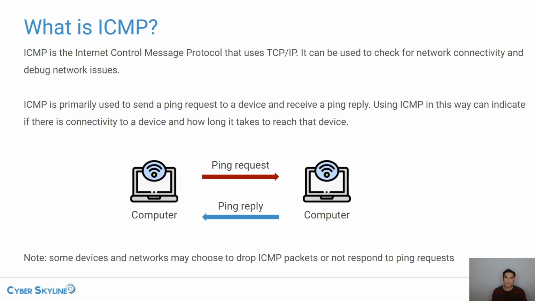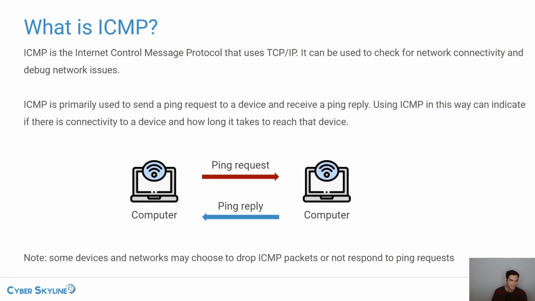People primarily use ICMP to check for network connectivity and to debug any network issues, trying to figure out if there's an issue with connecting to a device. The primary use case for this is sending and receiving pings. You've probably heard of this term before. A ping uses ICMP as the underlying protocol.